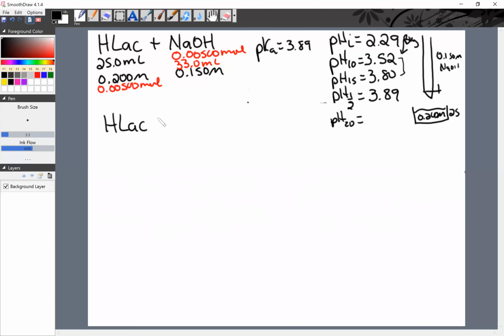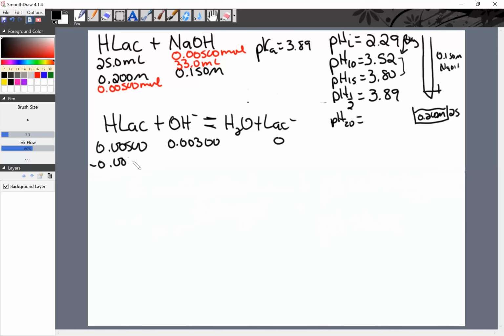Well, my lactic acid is still going to sop up my base. And I started with 0.00500 moles. And at 20 mils, all right, can somebody calculate that without me drawing the whole thing out? It's 0.003. Thank you. All right, do I have enough acid to sop up all my base? Yes.